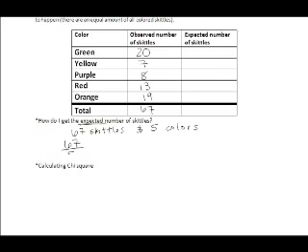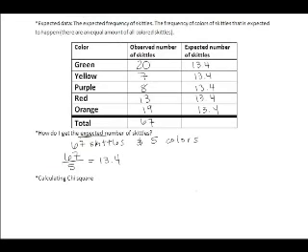So 67 divided by 5, and I plug this into my calculator, I get 13.4. So now this is my expected distribution. So this is my expected frequency, and it should be the same for all of my colors of Skittles. So I completed my chart of the expected frequencies, or the number of Skittles, if everything was equal.